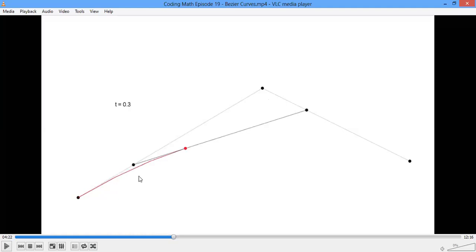For the next incremental value, see here there's a change, because the angle of this line has changed after the next increment. And then for the third step, this line is changed, so the curve cannot get extended.